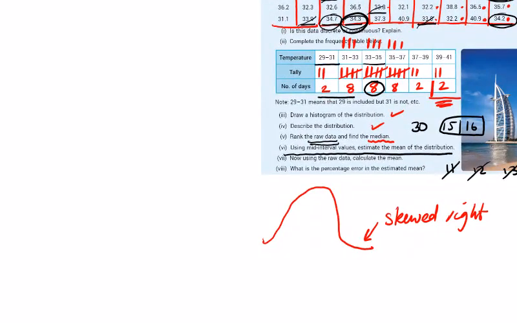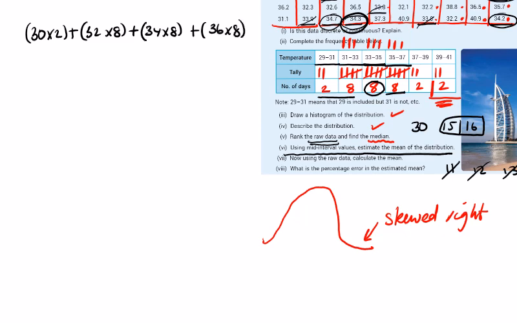So mid-interval values: 30 by 2, plus 32 by 8, plus 34 by 8, plus 36 by 8, plus 38 by 2, and plus 40 by 2.